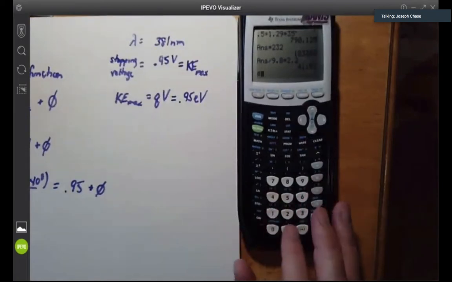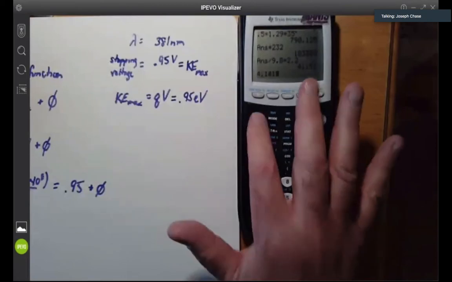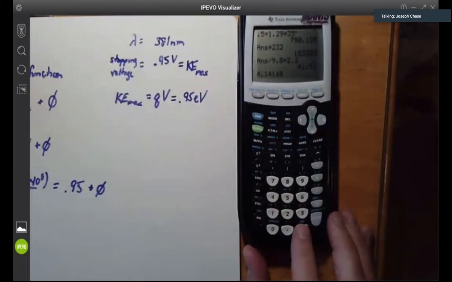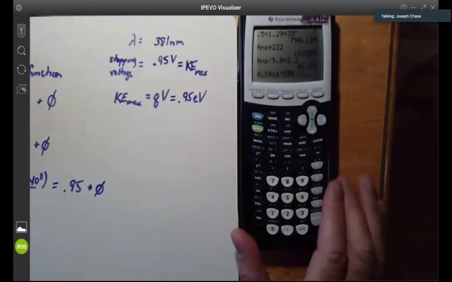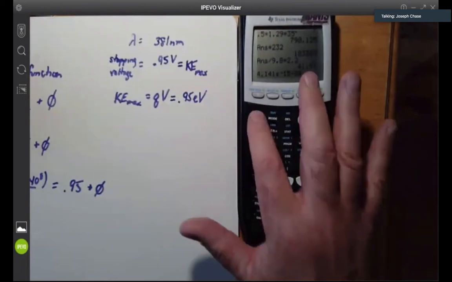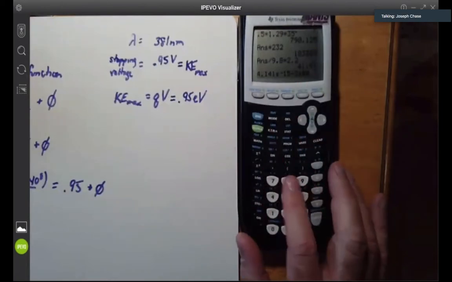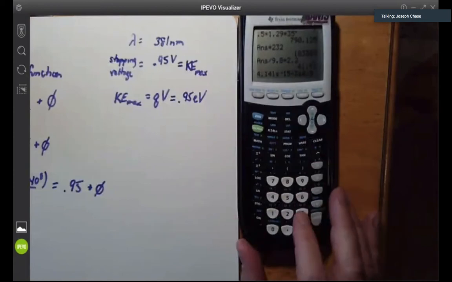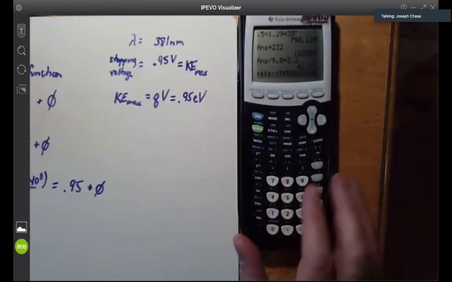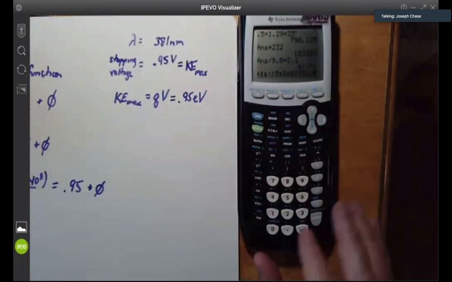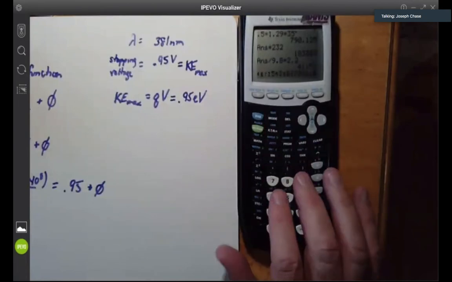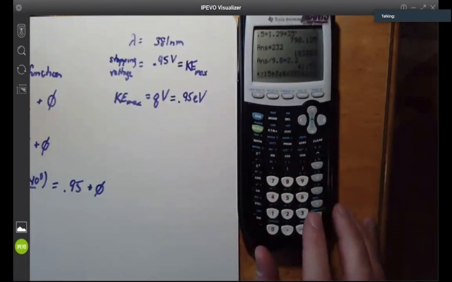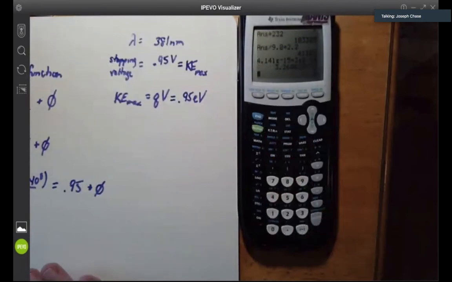4.141 E negative 15, then times 3 E 8, divided by 381 E minus 9. Okay, so that's 3.26 electron volts.